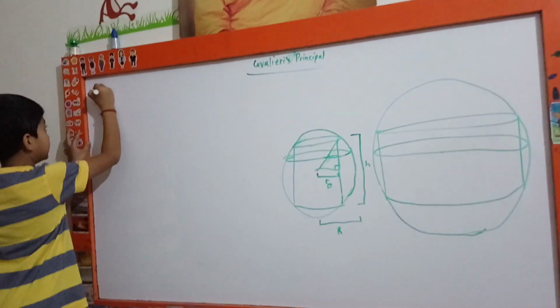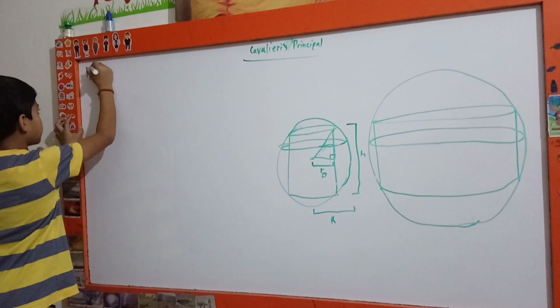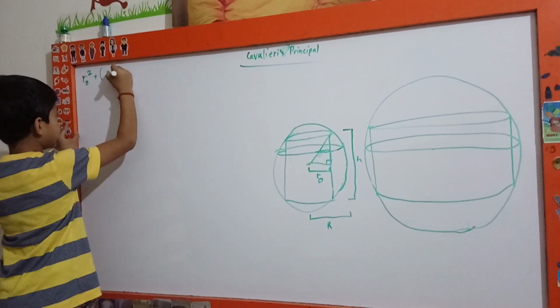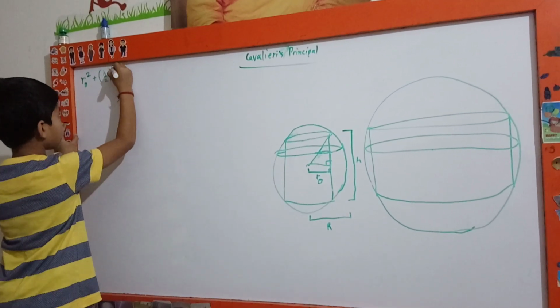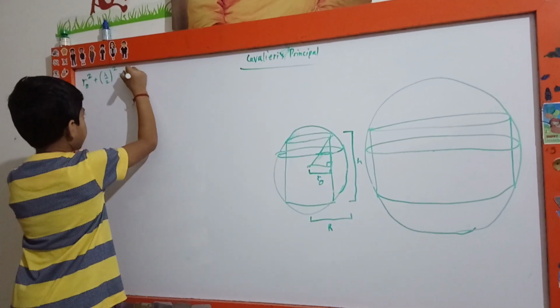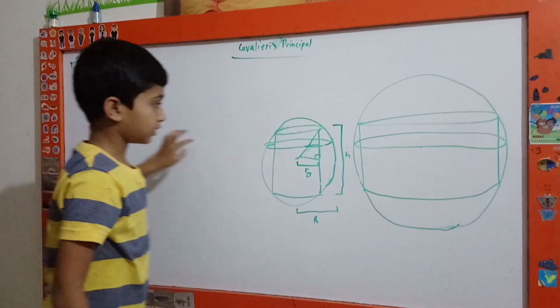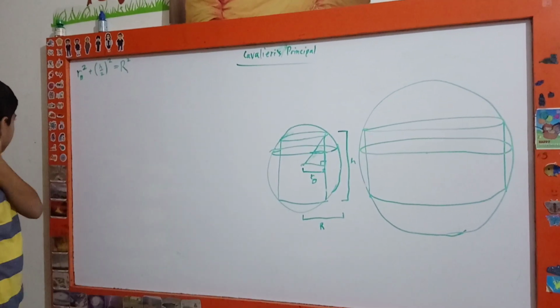So we wind up with the radius of the cylinder squared plus half the height of the cylinder squared, equaling the radius of the sphere, the hypotenuse, squared.